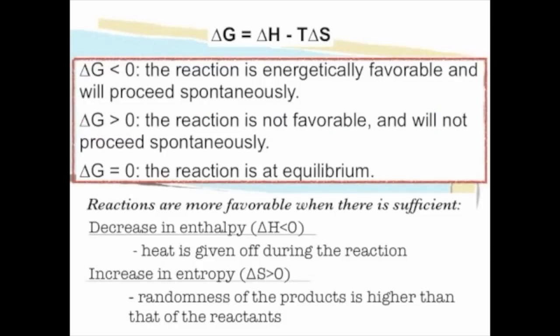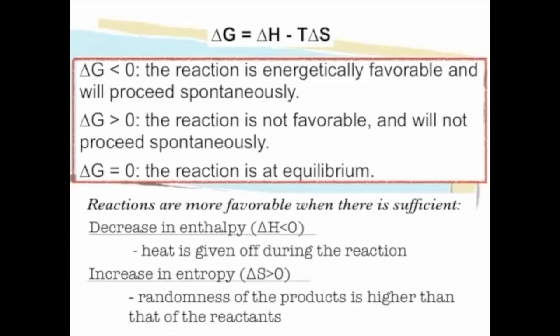But how do you use this equation? Well, you plug in values for delta H and delta S, and generally you know the temperature at which the reaction is occurring. And so when you plug these values in, you get a delta G. This delta G can be negative, or positive, or equal to 0, and each of these things means something different. When delta G is less than 0, it's a negative value, and this means that the reaction is energetically favorable and will proceed spontaneously.